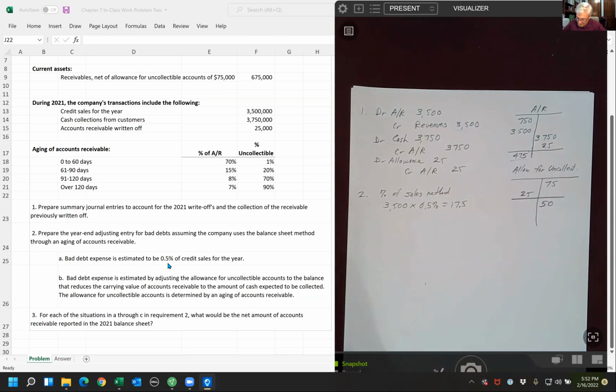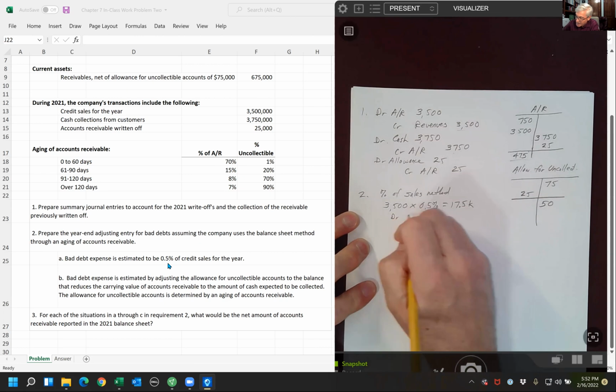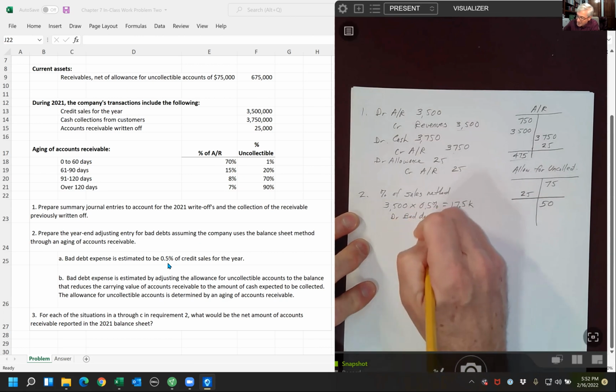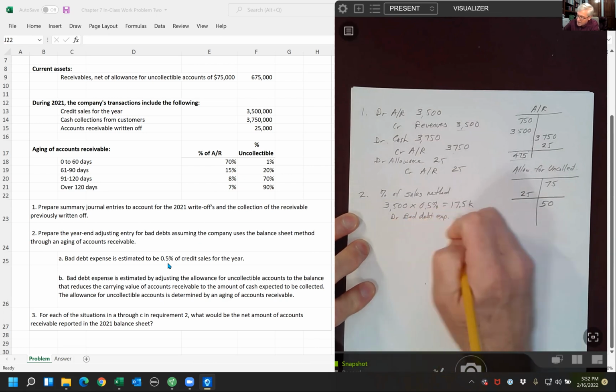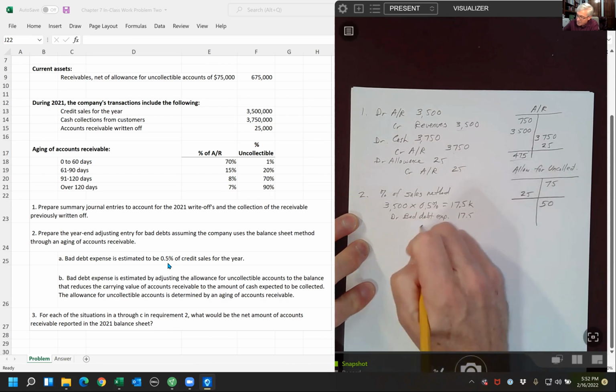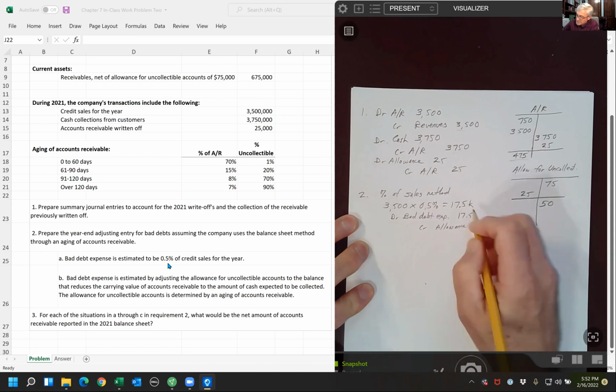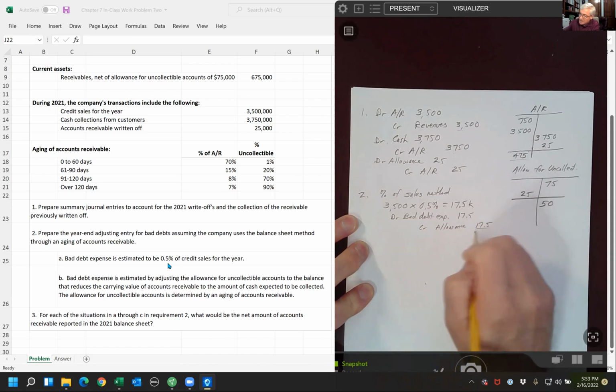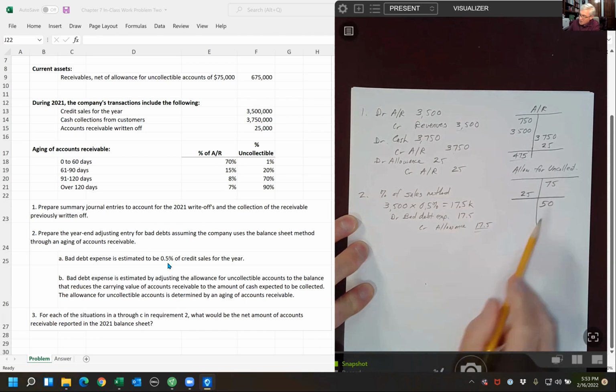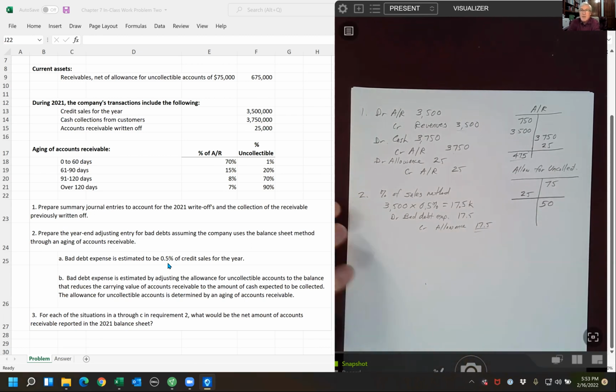Again, check my math. Yep, 17.5 thousand. I put a K there for the thousands. So that's it. So there's the debit bad debt expense 17.5, credit the allowance. Now, so we would put a credit there and we would have 67.5 thousand in allowance.